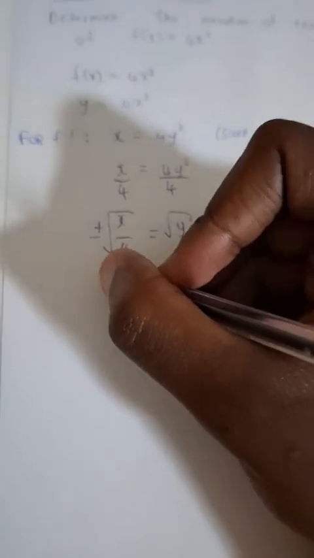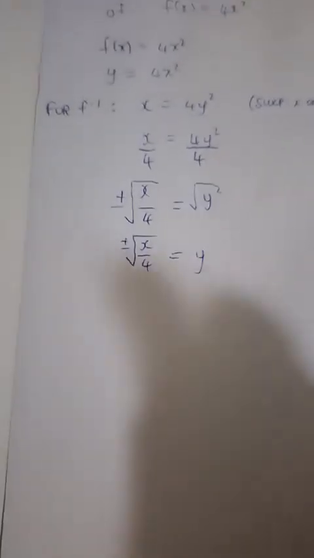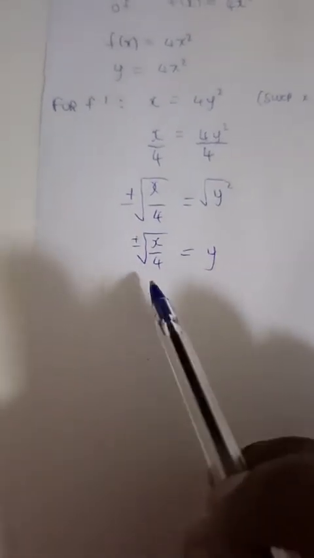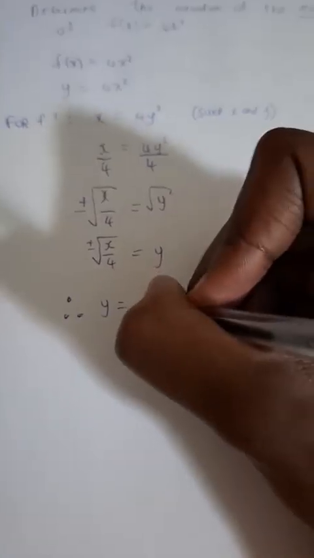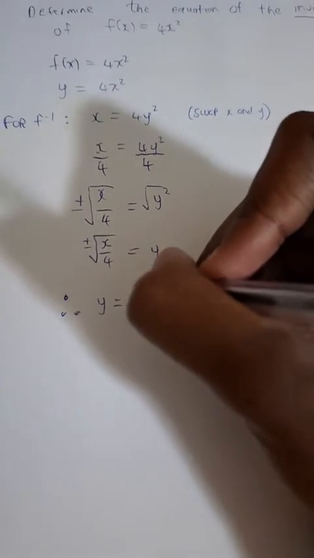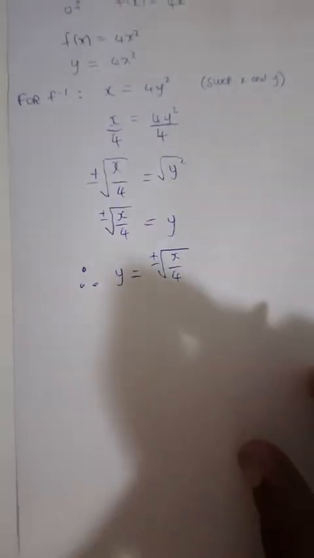Then that basically leaves us with what? Y is equal to plus minus the square root of x over 4, positive or negative. Then we can conclude, therefore, y is equal to plus minus the square root of x over 4.